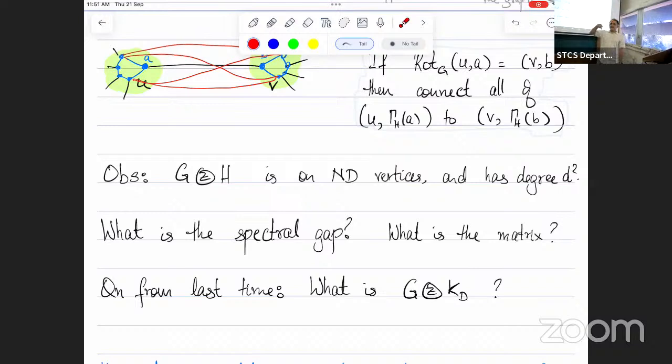And I mean complete graph with self loops at every vertex. Basically, it's the one that corresponds to the all ones, all 1 by d random walk in this case. Okay. In that situation, if you were to look at the zigzag product, what will the zigzag product be? What will the underlying graph be?